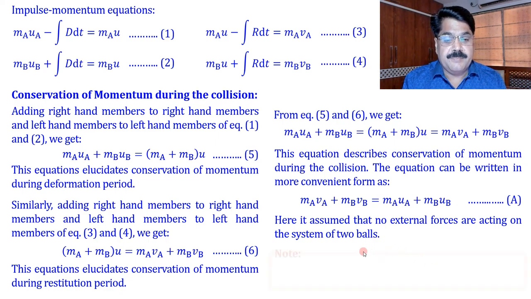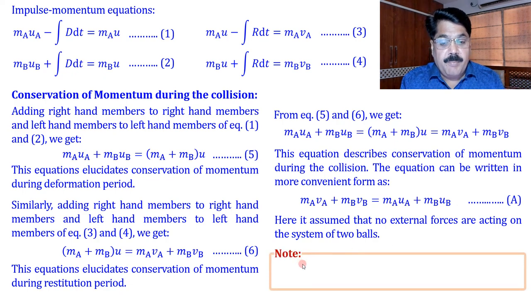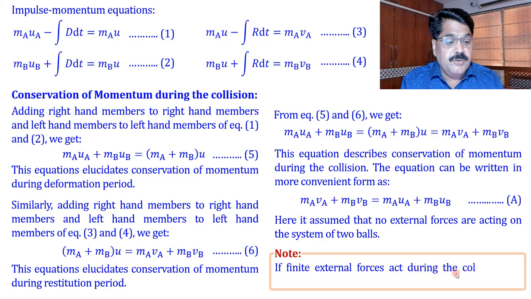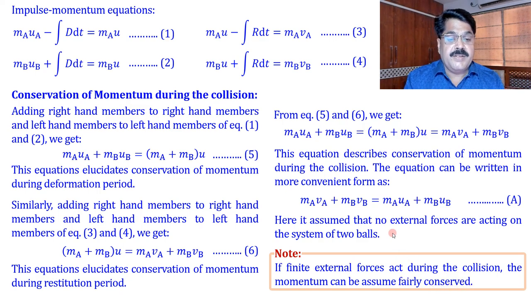So what we conclude from here: if finite external forces act during the collision, the momentum can be assumed fairly conserved. And actually this condition is not usually mentioned. What is mentioned is that during collision there are no external forces.